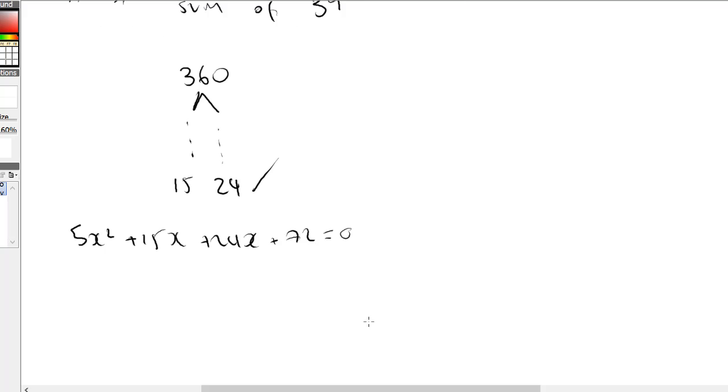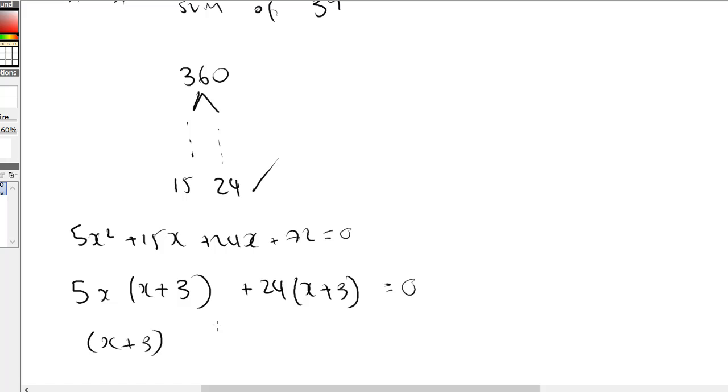So now I start to factorize. So I can put the 5 outside, and then the x also, and then x plus 3. Then here I would have plus 24, and then I put x plus 3 equals 0. So I'm going to have x plus 3, and then I combine the others, so 5x plus 24, so just combine the coefficients of the 2 brackets to give us our final bracket.